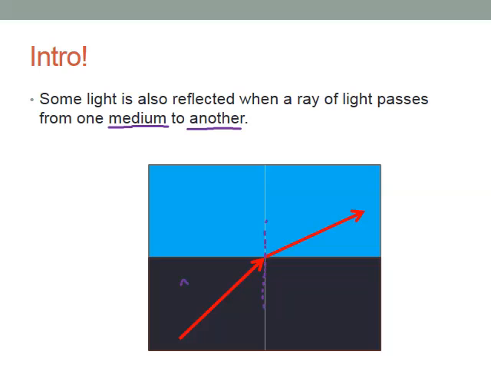So this must be more dense, and this will be less dense. You also get a bit of light reflected, and reflected light is always at the same angle as the angle of incidence. This is the angle of reflection, the angle of incidence. This would be the angle of refraction.